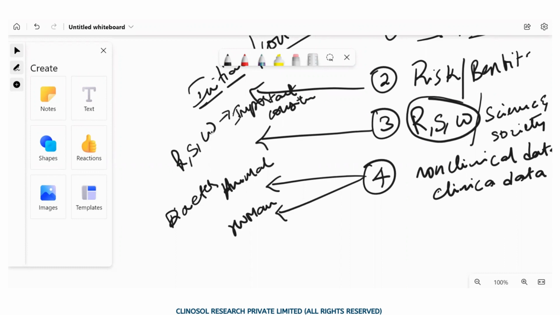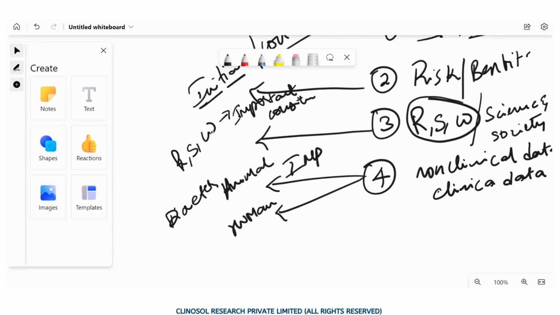Now, if you want to design a clinical trial, you need to have enough non-clinical and clinical evidence which supports that you can conduct this clinical trial. So now the 4th principle looks like this: the available clinical and non-clinical information on the investigational medicinal product, the IMP, should be adequate.